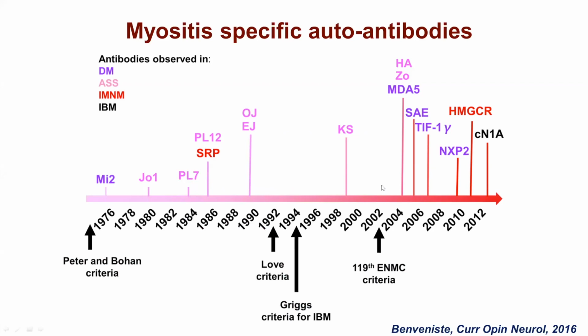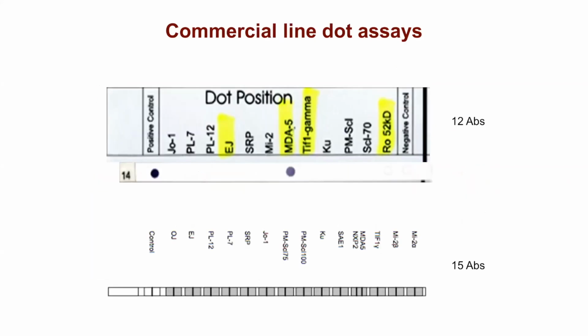The problem was that for decades it was difficult to fish for these antibodies because it was done in research labs with immunoprecipitations, meaning that you have to work for 3 days with radioactivity, and it's not very useful or convenient for the clinical routine.